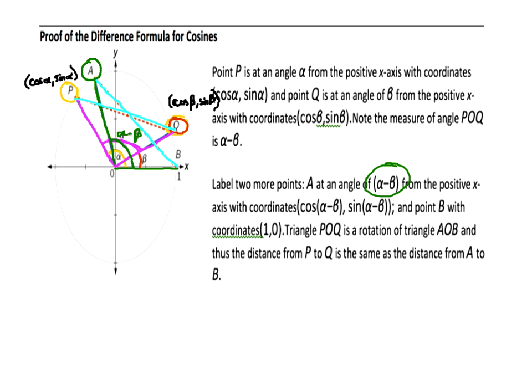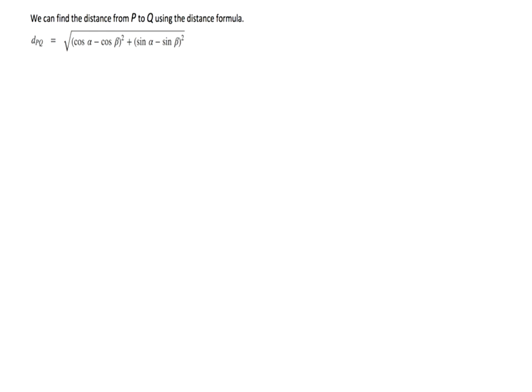So the reason we're going with difference is because of this right here, that angle that is equal to the green angle and the pink angle is alpha minus beta. So let's go ahead and start making our way through this. So we're going to start out with the distance from P to Q. Now, let me actually write the general distance formula for you.